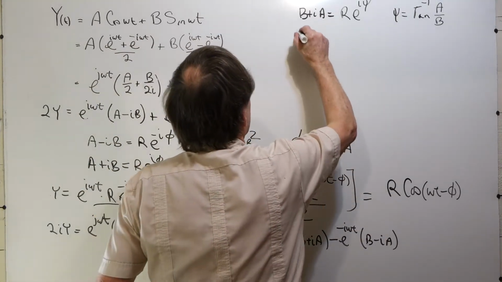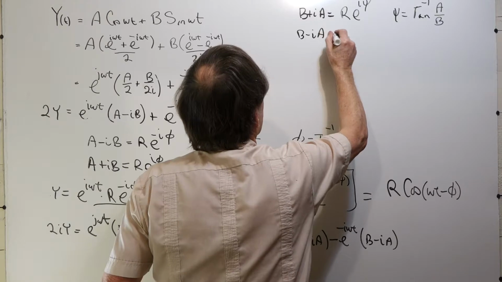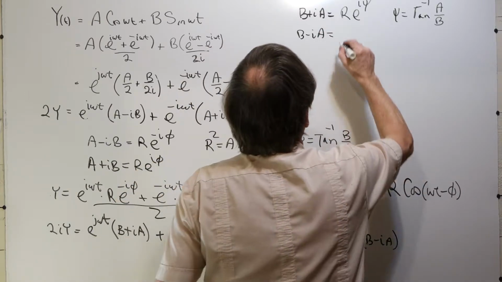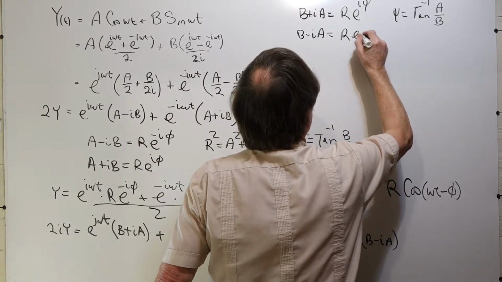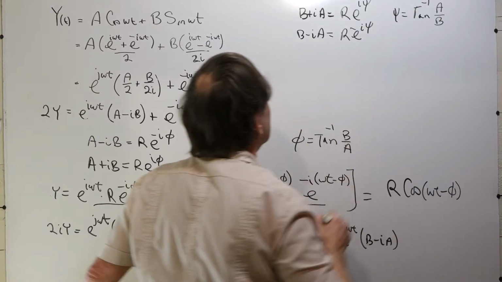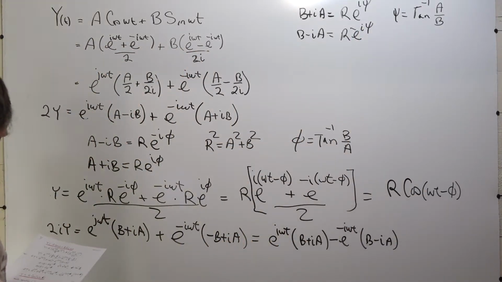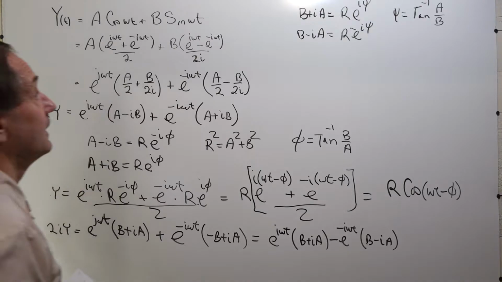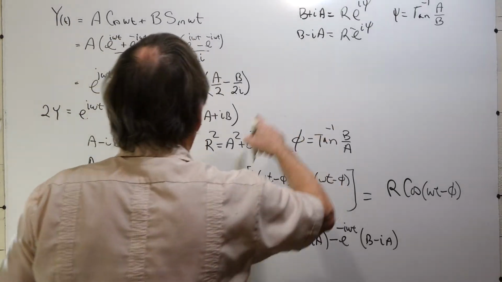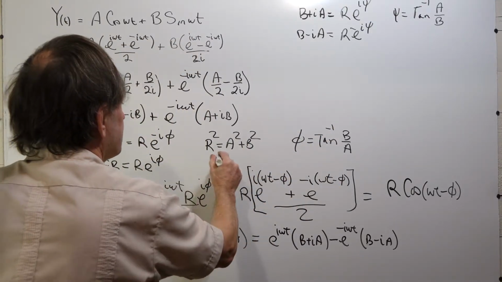B minus iA is a complex conjugate, so in a similar manner, this will be R e to the minus i psi, because it's a complex conjugate. We just take the negative of the angle. And again, R is the square root of A squared plus B squared, just as it was here.